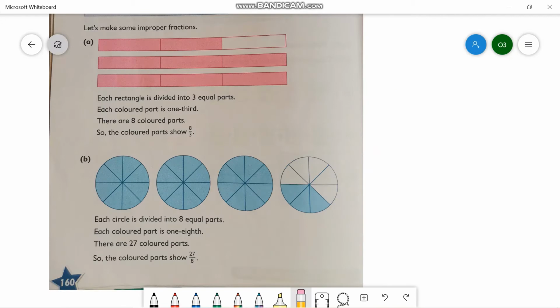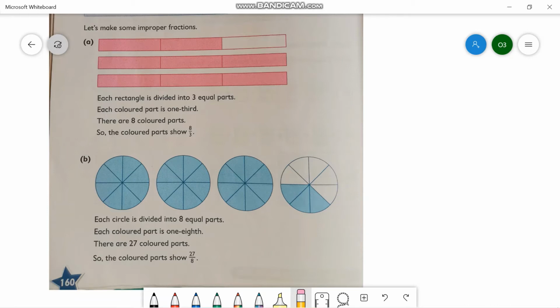Now that you know the definition of proper and improper fractions, let me show you some visual representations of improper fractions. Let's go to page 160, student book. Let's make some improper fractions. So look at the 3 rectangle bars. Each rectangle is divided into 3 equal parts.